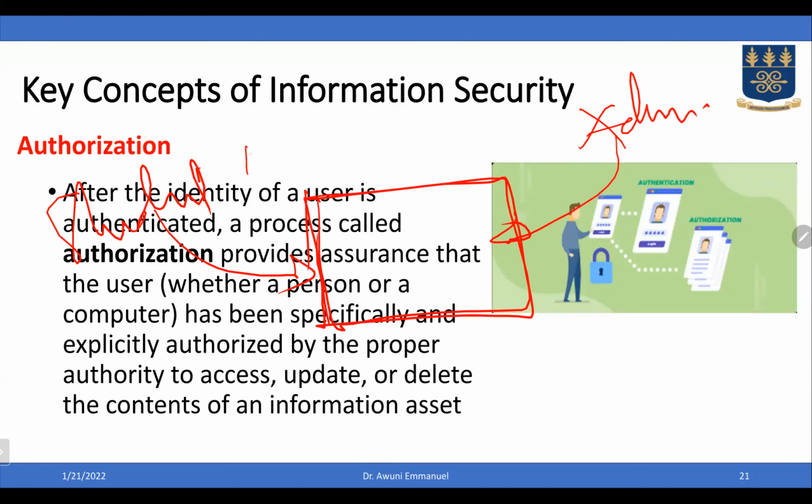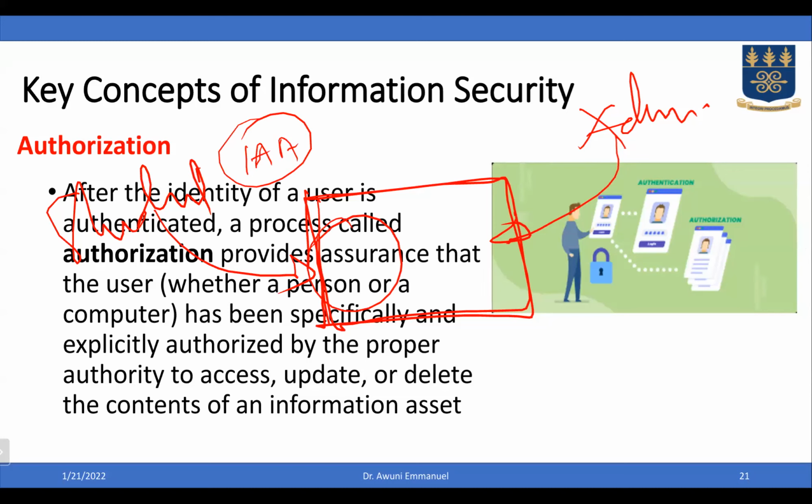Going through the identification, the authentication, and then the authorization to get into the system means that you can only access what you can access. There are certain things that you cannot access, which are not actually meant for you. It will not be made available to you.